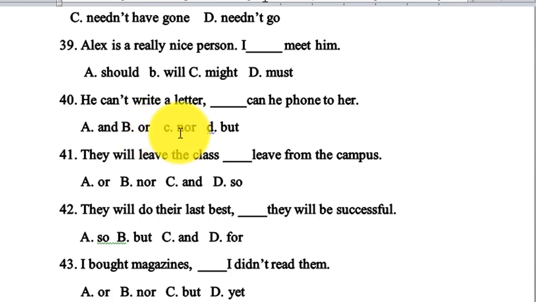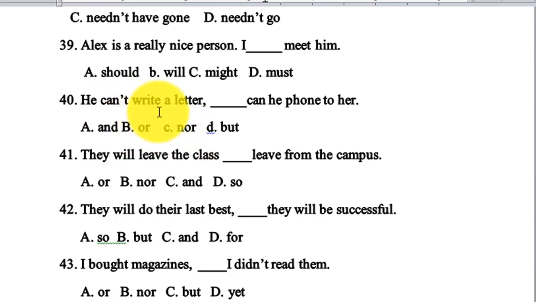Nor is used for negative alternatives. What does negative alternative mean? Both the first and the second sentence can be written as negative. We use nor with inversion, meaning verb plus subject. So what is our answer? We use nor.